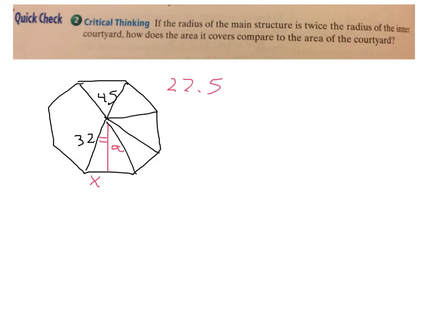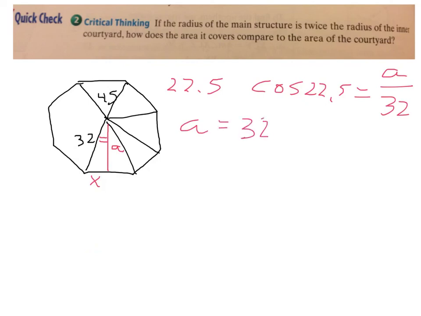To get the apothem, we use cosine. Cosine of 22.5 equals adjacent over the hypotenuse, 32. So the apothem is 32 times the cosine of 22.5.